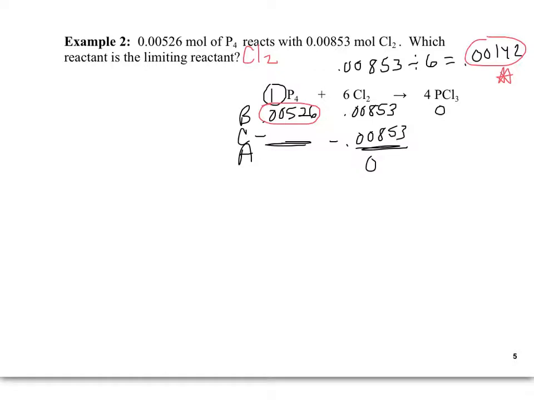So 0.00853 divided by 6 times 1 is 0.00142. And when you subtract that, you do get a positive amount of phosphorus left over. So there will be 0.00384 moles of phosphorus left over after the reaction is complete.